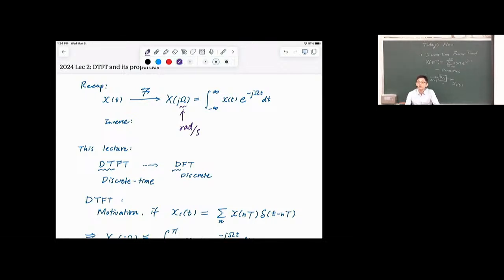This is our definition, the kind of definition that we have for Fourier transform. And you can apply it for any time domain signal so that the result is a spectrum, okay, as a function of frequency.